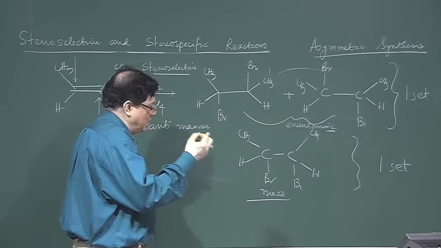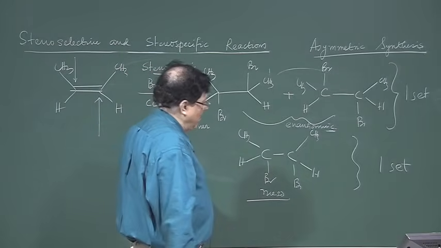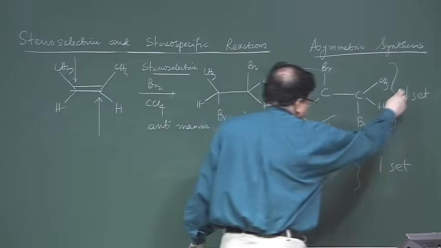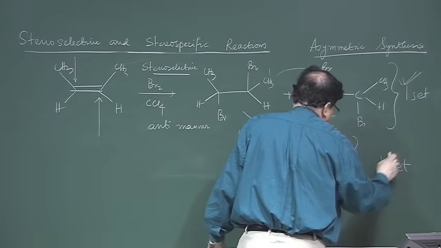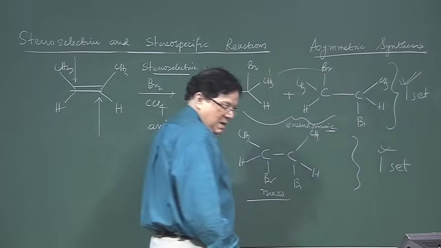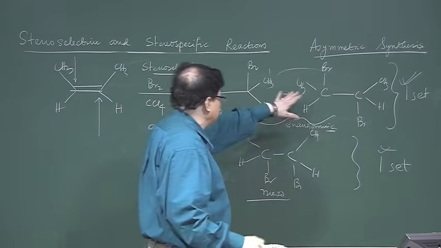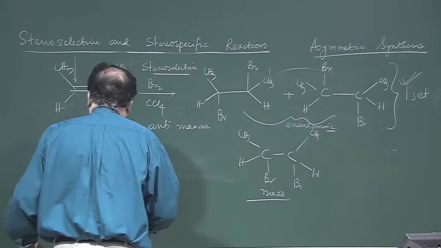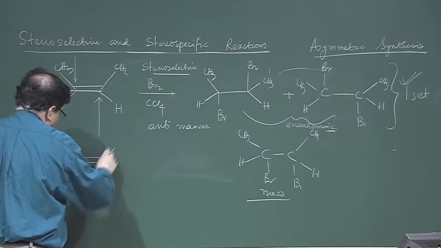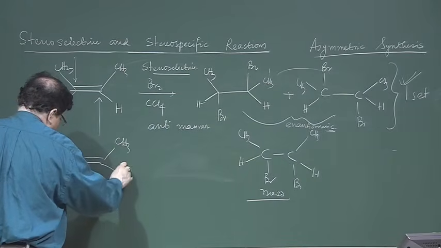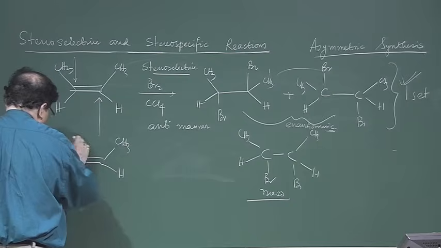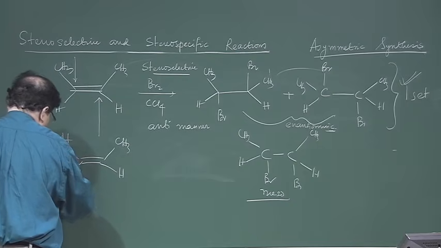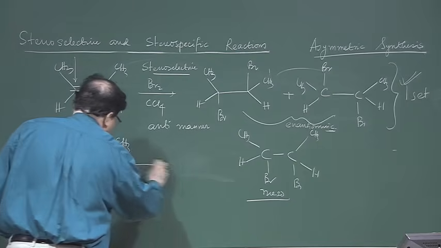So, it exists only in one isomer. However, if you get either this or this, the reaction becomes stereoselective. So, here you are getting only this compound. So, it is stereoselective. Now, if you take the trans alkene, then what will happen?